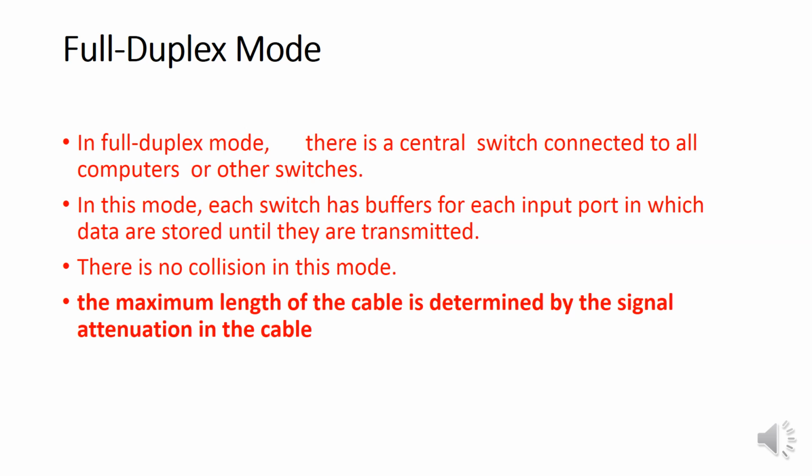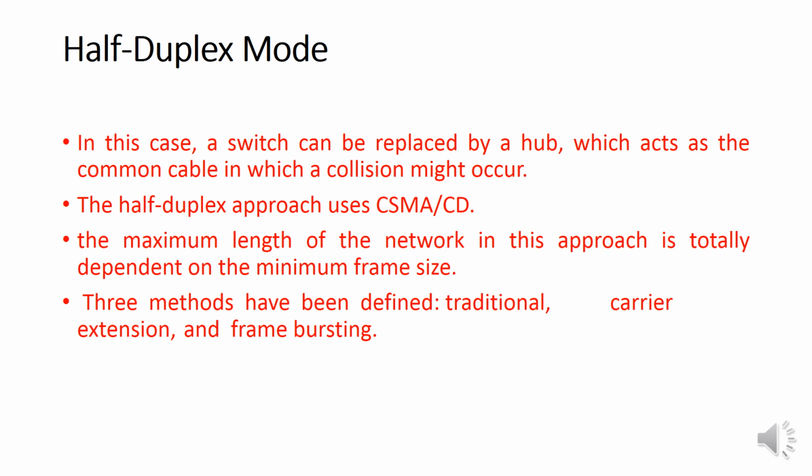The maximum length of the cable is determined by the signal attenuation in the cable. Obviously, depending upon the attenuation within the cable, we can decide the maximum length of the cable. Next comes half duplex mode. In this case, a switch can be replaced by a hub.